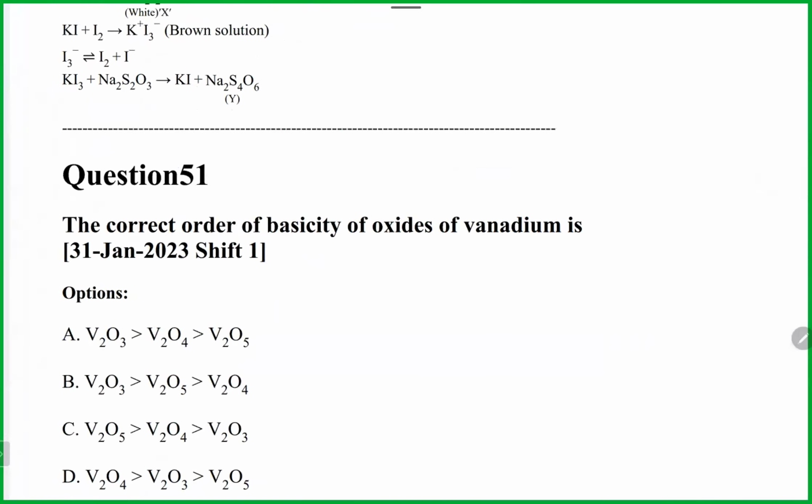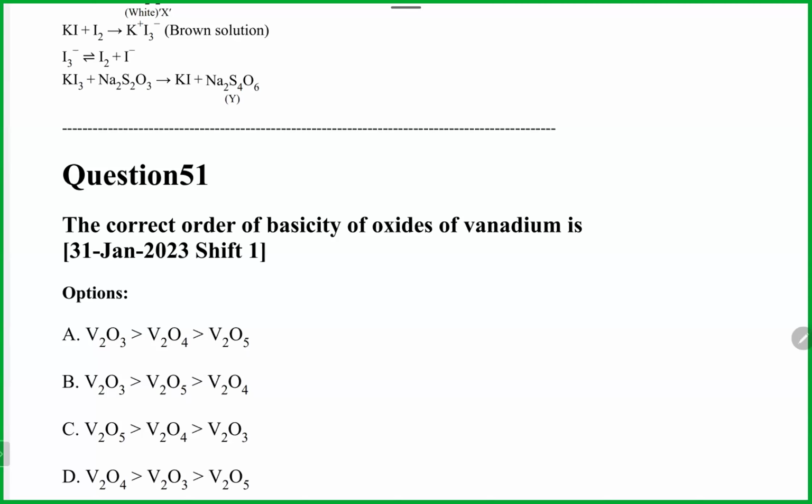Order of basicity. Increase oxidation state, acidic character will increase. Samarth, what will be the order of basicity? Sir, 3, then 4, and then 5. Least would be 5, P2O5. Option A. Done. 2023. Yeah. And this is a ditto NCERT example.